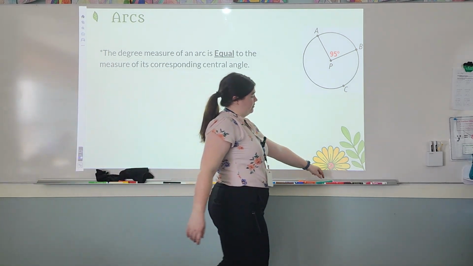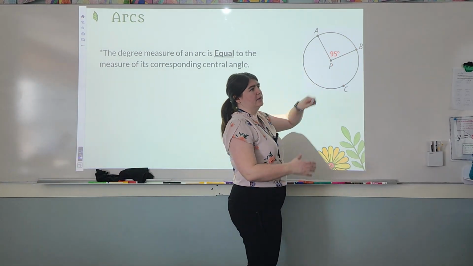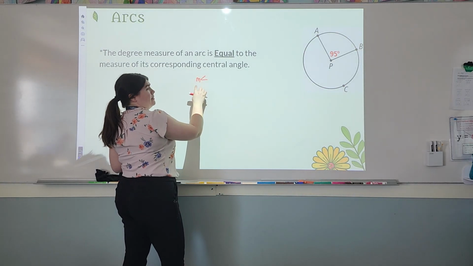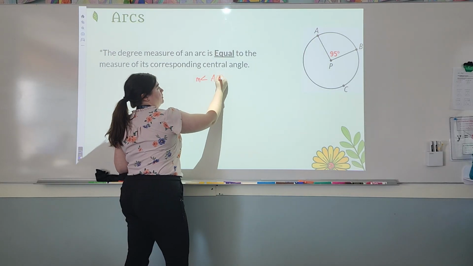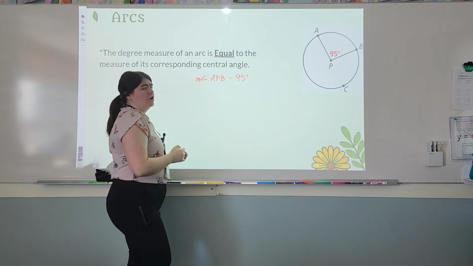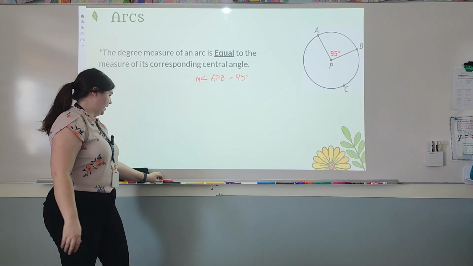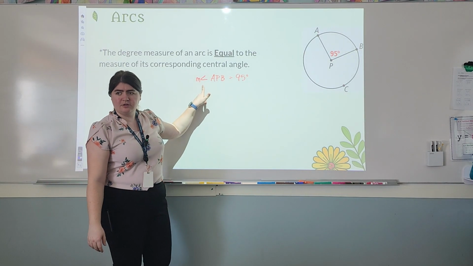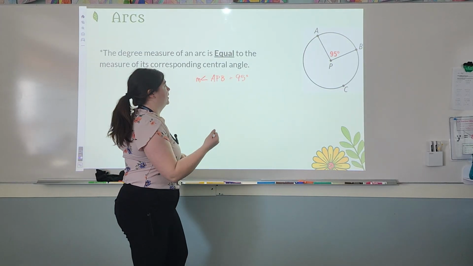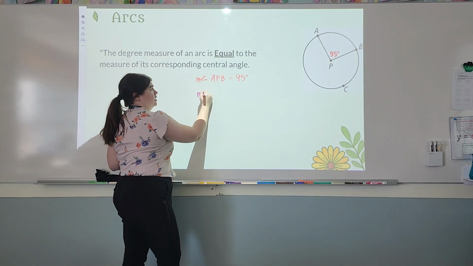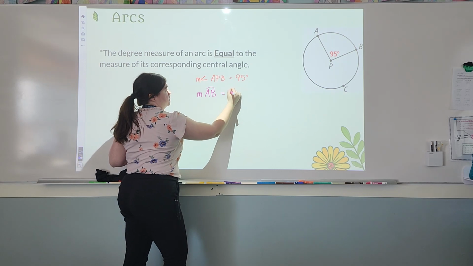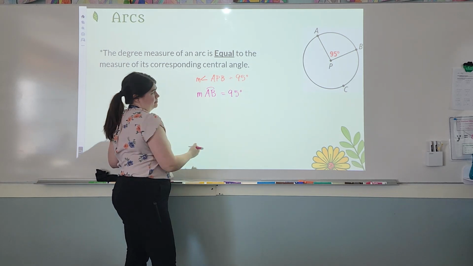So we have this central angle right here, angle APB, and we say the measure of angle APB is equal to 95 degrees. Arcs work in a very similar way, except we don't put the angle sign with it because it's not an angle, it's an arc. So for the arc, we have the measure of arc AB is equal to 95 degrees.